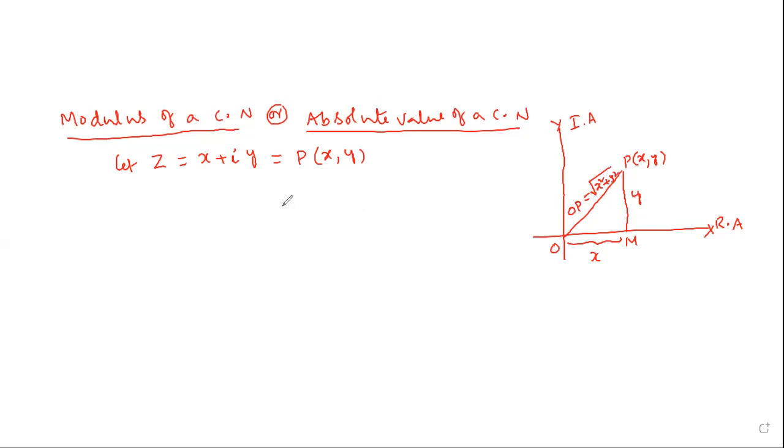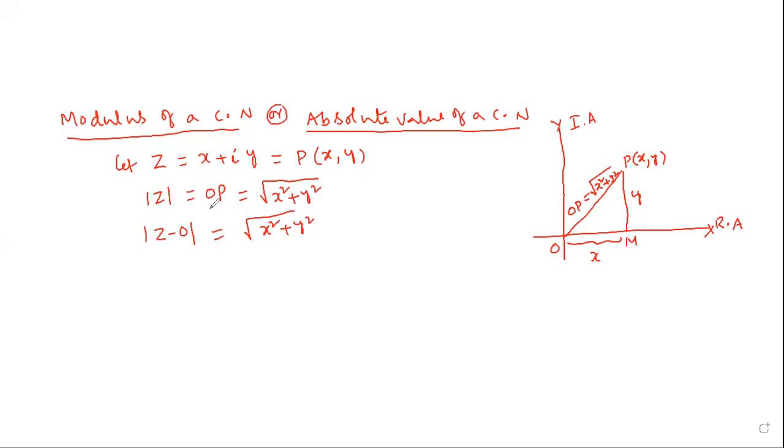So modulus of z is equal to the distance OP, that is root over x square plus y square. This can be written as modulus of z minus 0, the distance from z to 0, which is also root of x square plus y square. Okay?